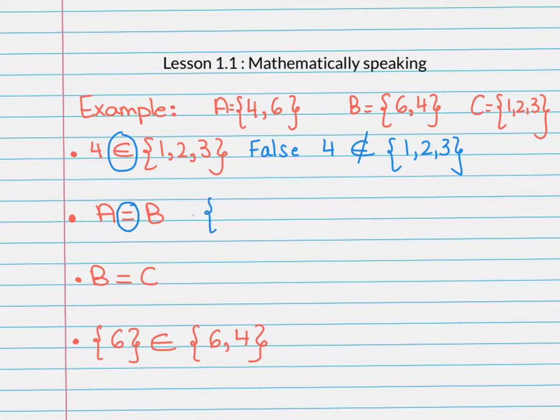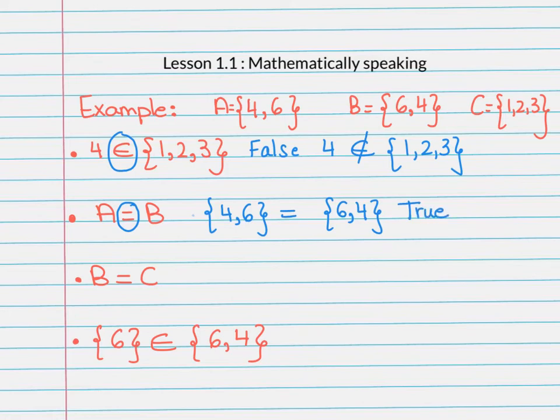I have 4, 6 for A, and I have 6, 4 for B. A has 2 elements and B has 2 elements. 4 is found in A and found in B. 6 is found in A and found in B. So definitely those two sets are equal. So this statement is true.